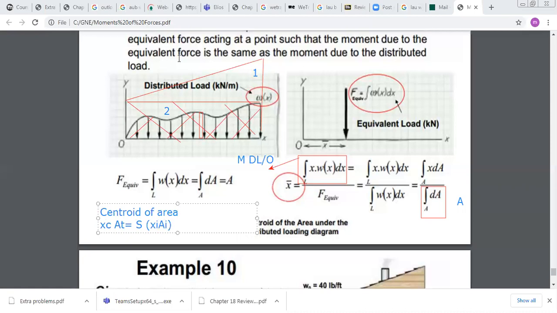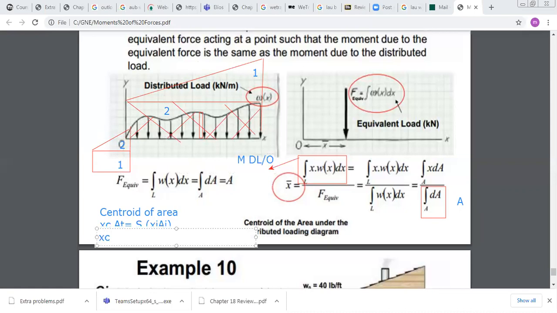So for example, if you have a rectangle and a triangle, and you want to find the centroid location of this geometry, you divide your geometry into two parts. This is part one, this is part two. If you want to find x of the centroid in this figure, you should do the following.